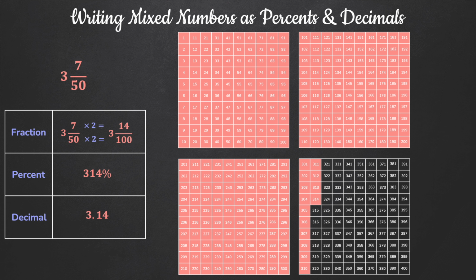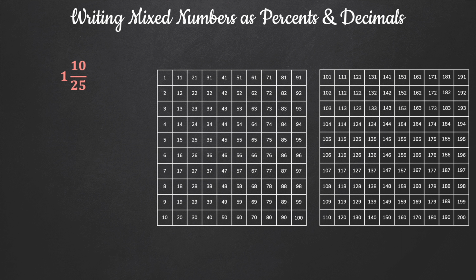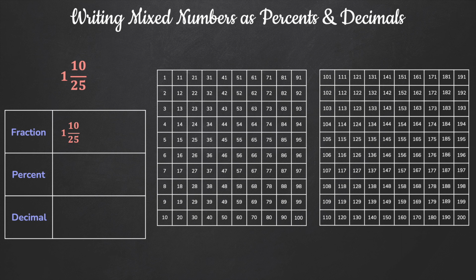Finally, we have 1 and 10 over 25. And again, we have a mixed number where the denominator is not out of 100. So we're going to find an equivalent mixed number where our denominator is 100. So we're going to ask ourselves, what can we multiply the denominator 25 by to get 100?